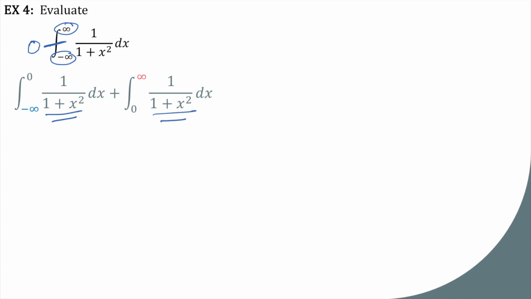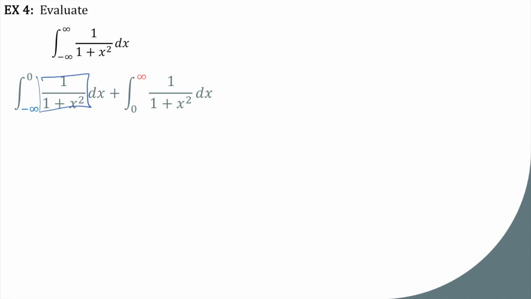Do you recognize this 1 over 1 plus x squared? You can't use u substitution because if u equals 1 plus x squared, you get du equals 2x dx, and that's not helpful. There's no way to factor the bottom, so we can't use partial fractions. So then we're like, what else could I do with 1 over 1 plus x squared?